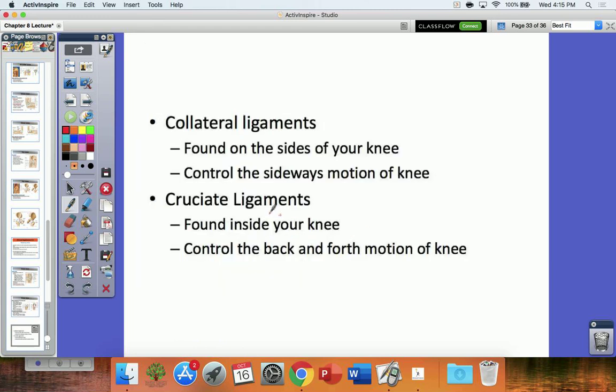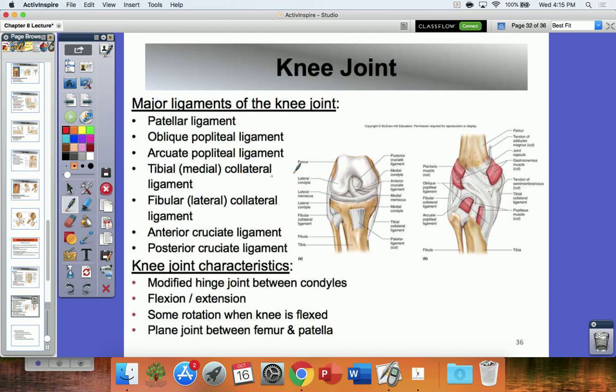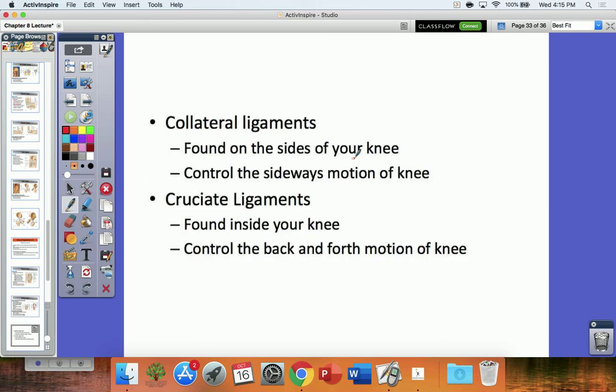And the cruciate ligaments, our ACL and our PCL, are towards the inside and control the back and forth motion of the knee. So we want to make sure that it's not going in this direction, and that it's not going backwards and forwards.